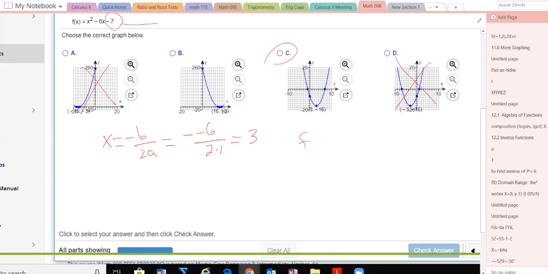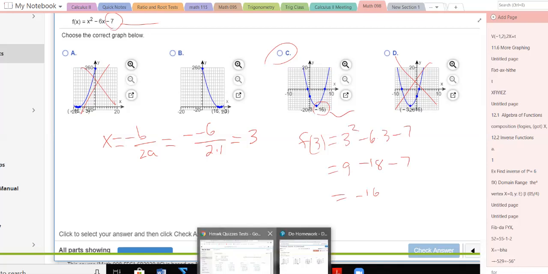But you can also find that 16 right there. We'll put in the 3 and see what we get. 3 squared minus 6 times 3 minus 7. That's 9 minus 18 minus 7. So that's -9 and -7. It's -16. That confirms it. There's our answer, 3, -16. So that's a quick way to get to that answer.